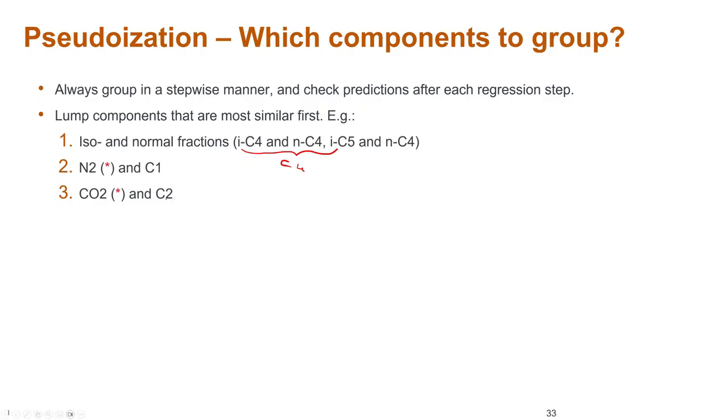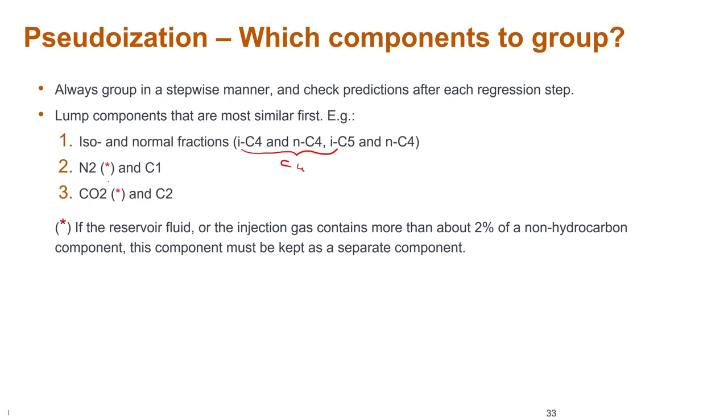However, be careful, because if you are planning to inject CO2, please don't lump CO2 with another component. Keep CO2 as a separate component. The same for hydrogen. If your project is a CCS project, CO2 is the key parameter for your project. So CO2 in this case has to be a separate component.